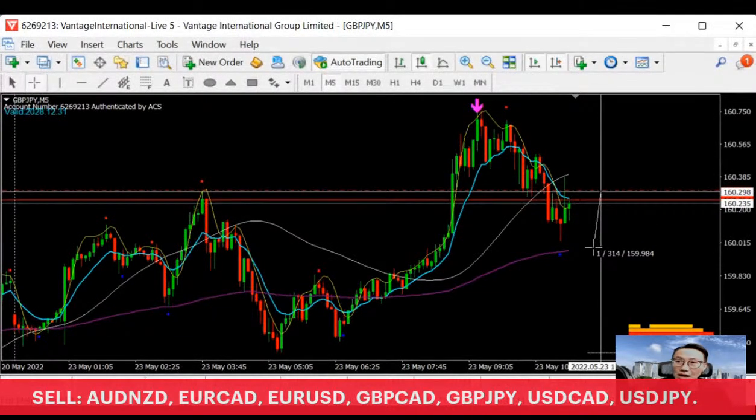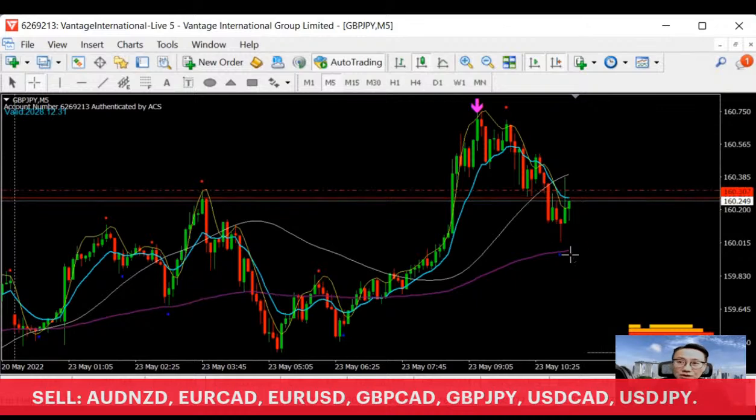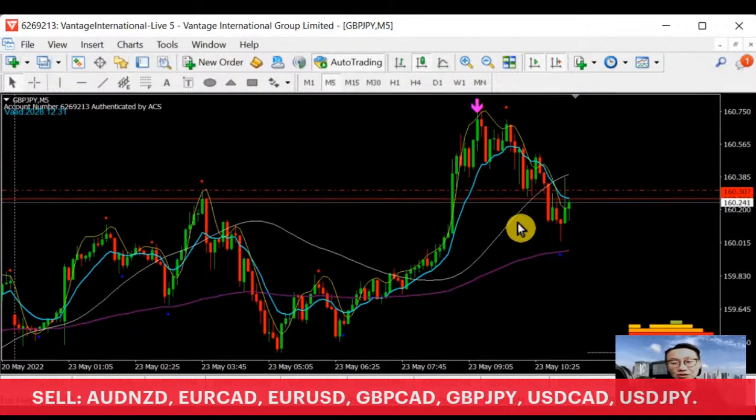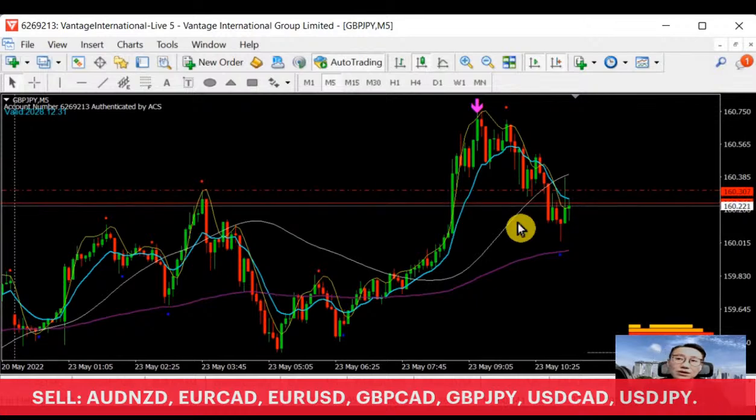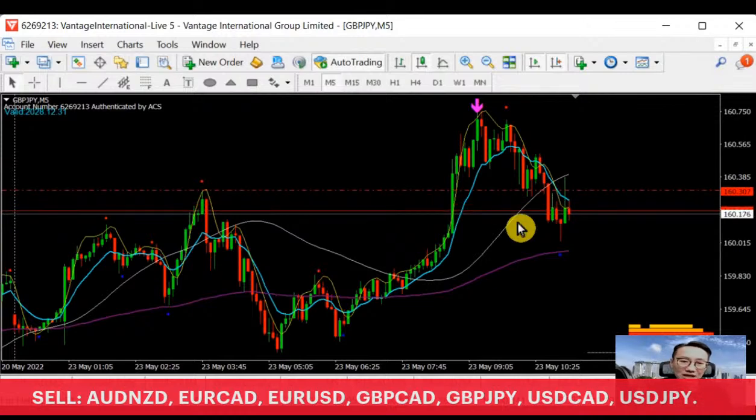Maybe I will have until the support around this area, about 35 to 40 pips to go. So we can grab the number of pips like this. It's just a matter of how much patience we can have to execute at the best point.